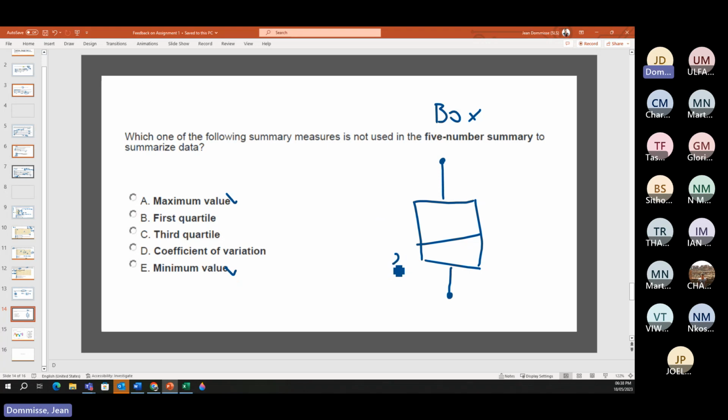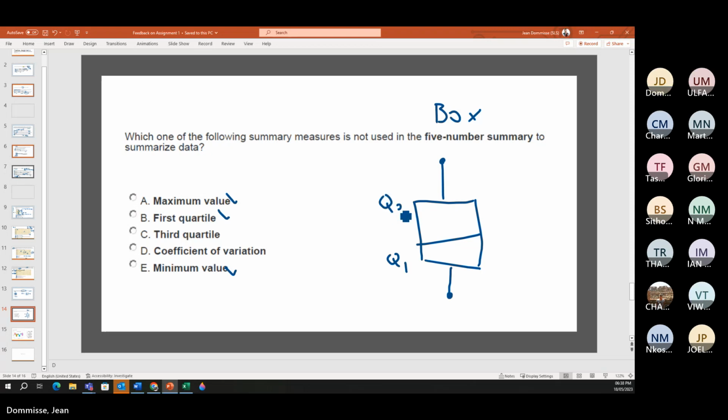you've got Q1, you've got Q3, and in the middle you've got your median or Q2. Okay, so not the coefficient of variation.